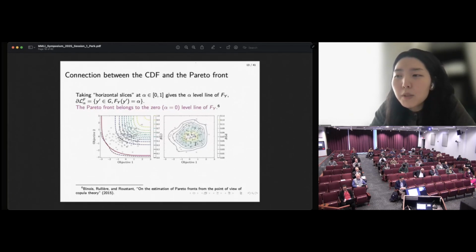And if I compute the level lines of the corresponding CDF, we get the dashed lines in the left panel, and the alpha level lines converge to the approximate Pareto front as alpha goes from 0 to 1, so from yellow to purple. And the alpha 0 level line closely traces the convex shape of the true Pareto front.